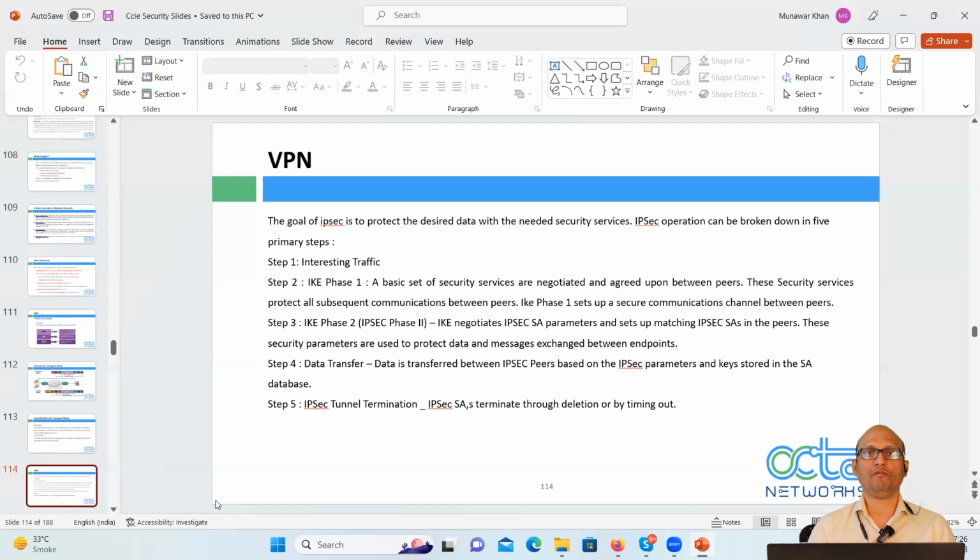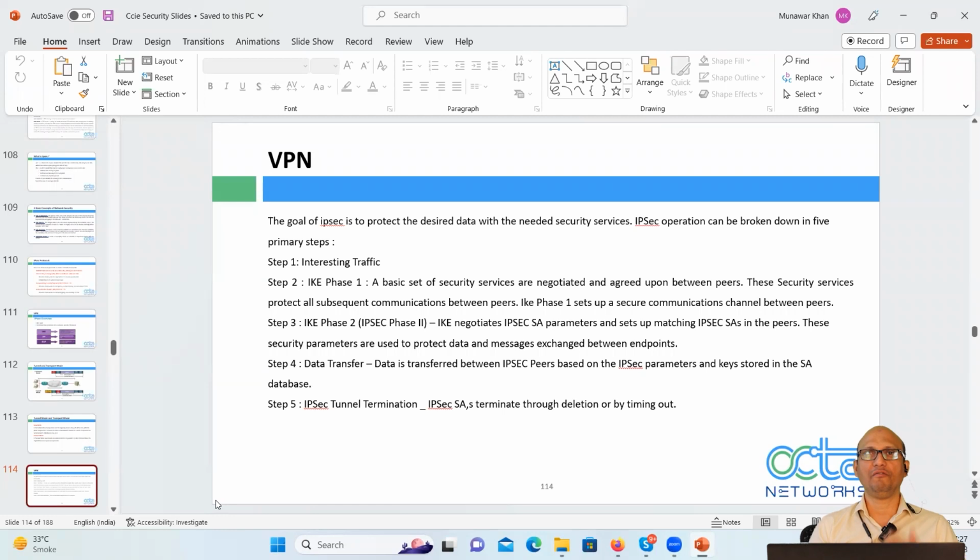Suppose you are forming a business in partnership with some friend, you always have a discussion. You discuss what will be the terms, what is the location, what is the product, like you're setting up a business. You're not just starting a business and investing, you discuss first. So phase 1 is where a basic set of security services are negotiated, decided, and agreed upon between peers.